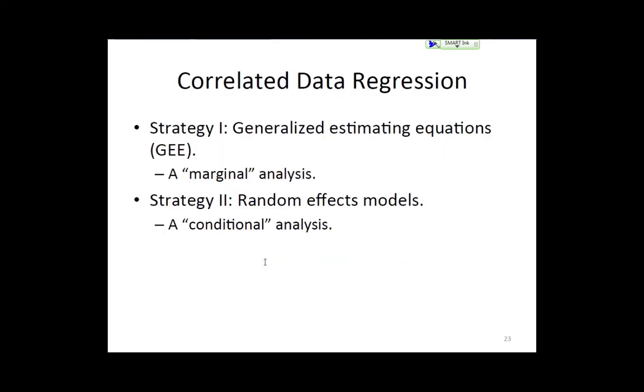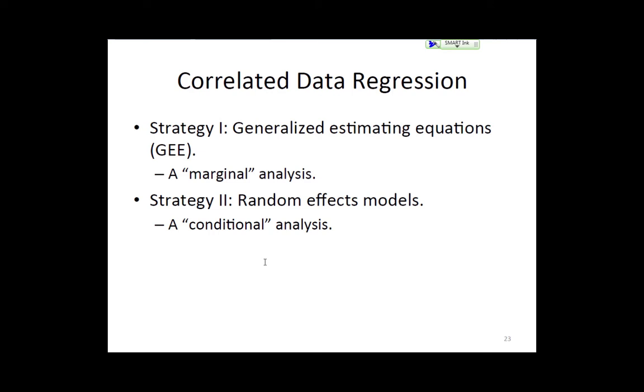The other thing we'll talk about is that both GEE and GLS are what are called, quote, marginal models. Everything we've done with regression is a marginal model, and it's to be distinguished from what's called a conditional model, of which random effects are an example.